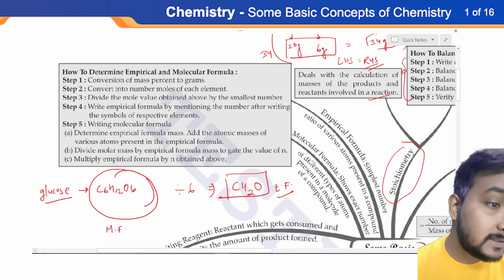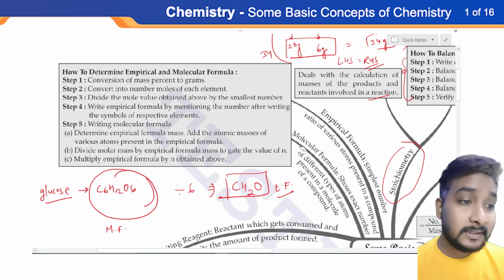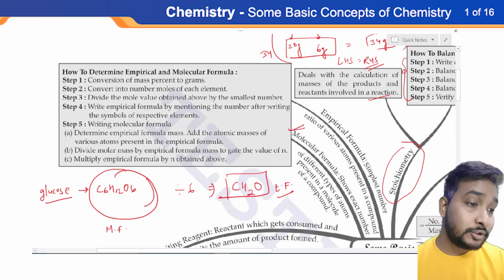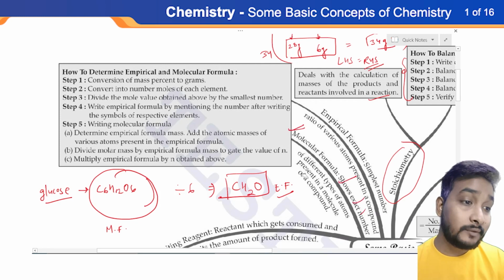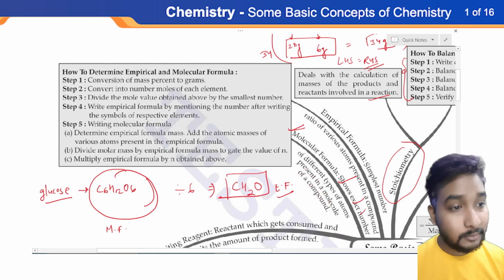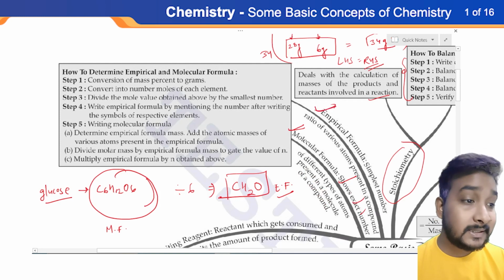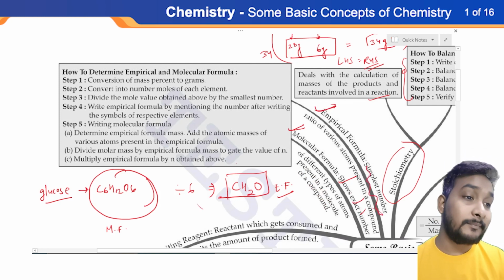Okay, so as written in the flowchart, molecular formula shows the exact number of different types of atoms present in a molecule of a compound, and for empirical formula it is written that it is the simplest ratio of various atoms present in the given compound.